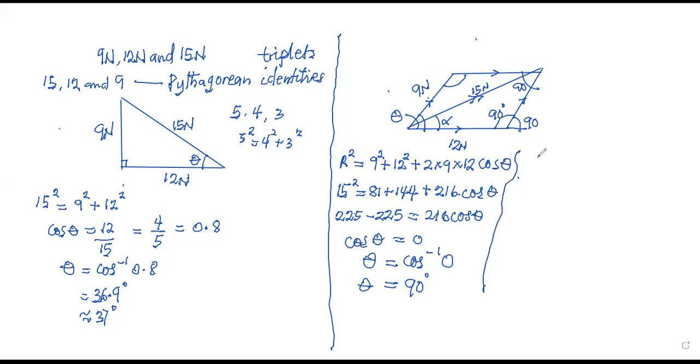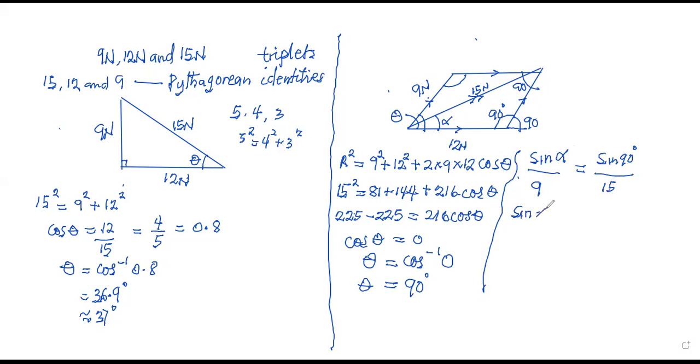So sine of alpha divided by 9 Newton is equal to sine of 90, which is the angle opposite to the resultant, divided by 15.